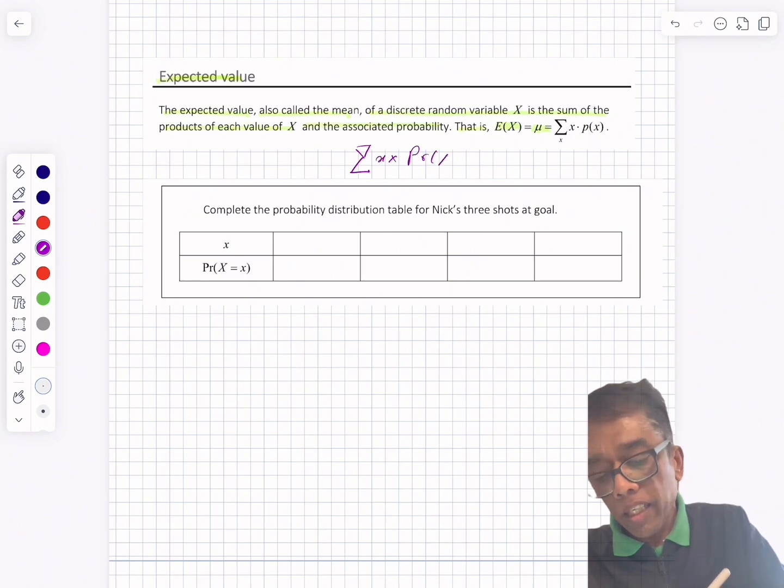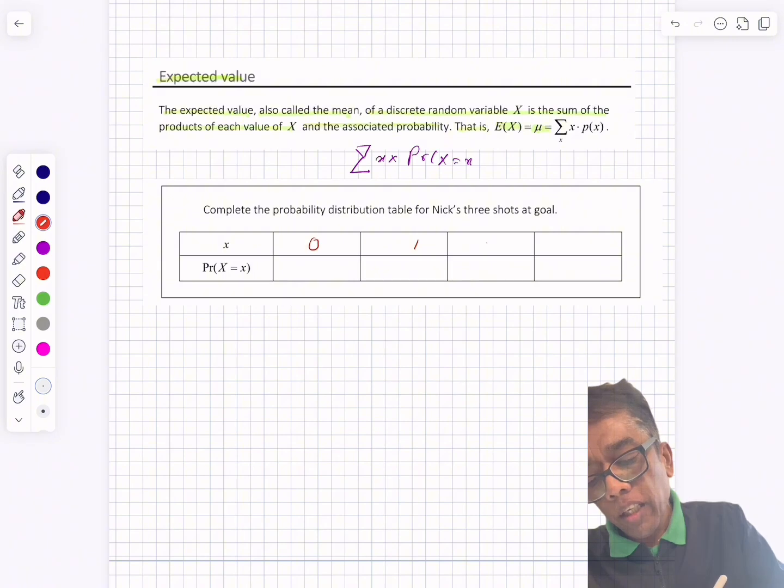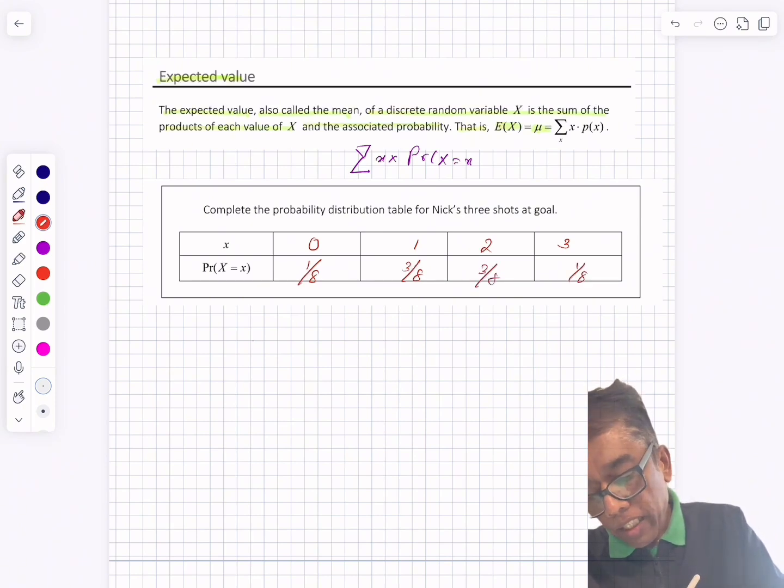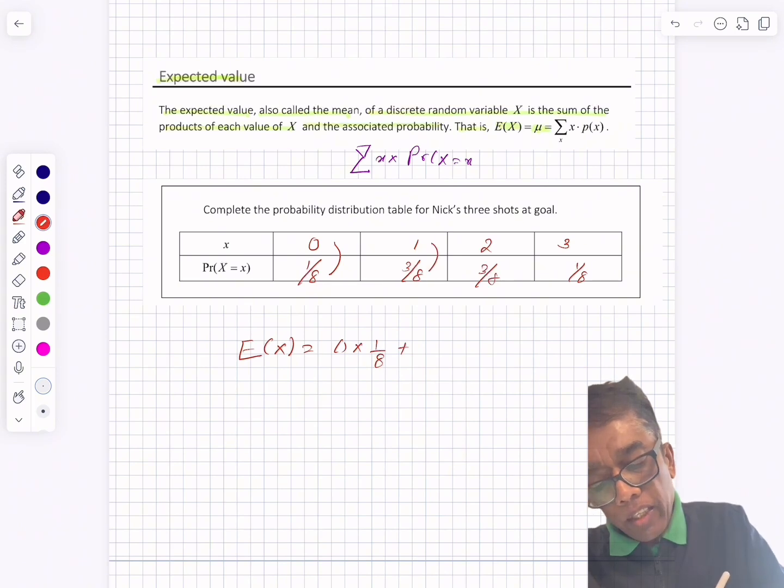We will consider the earlier example. The values are 0, 1, 2 or 3, and the associated probabilities are 1 over 8, 3 over 8, 3 over 8 and 1 over 8. What is E(X)? E(X) is 0 times 1 over 8 plus 1 times 3 over 8 plus 2 times 3 over 8 plus 3 times 1 over 8.